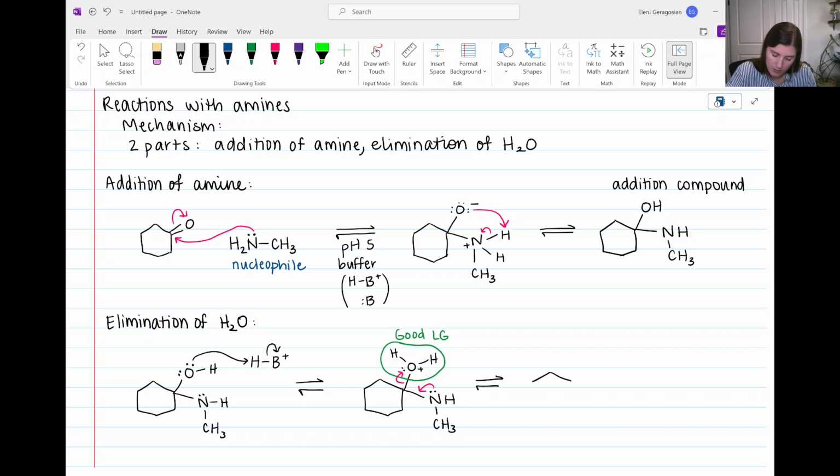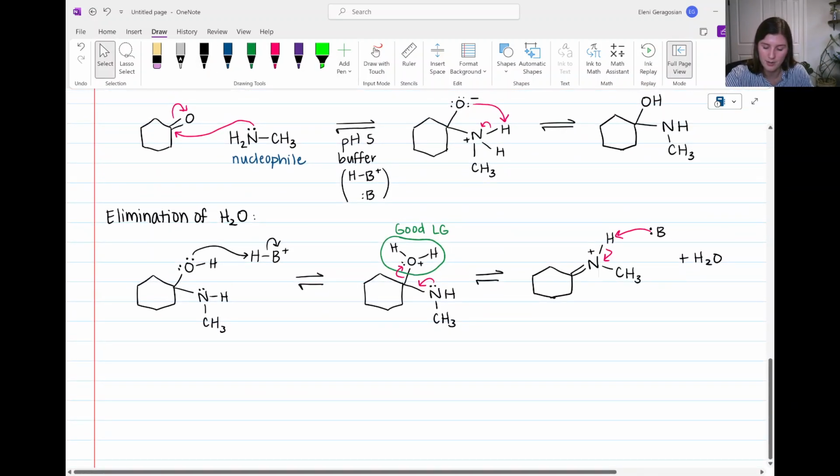So now in our molecule of interest, we have a carbon to nitrogen double bond. The nitrogen is bonded still to a CH3 and another hydrogen. But now this nitrogen has 4 bonds, so it has a positive charge. We've lost H2O. And so now the base in our buffer solution will remove that hydrogen and give the electrons in the bond to nitrogen, so we get our final amine product.